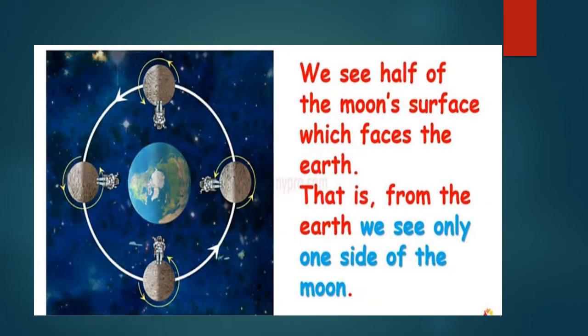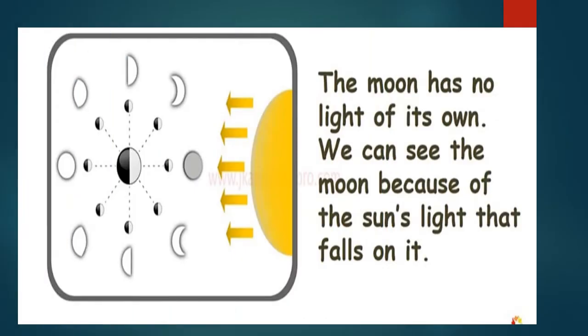We see half of the moon surface which faces the earth. That is, from the earth we see only one side of the moon. Now, as you know, the moon has no light of its own. We can see the moon because of the sun's light that falls on it.